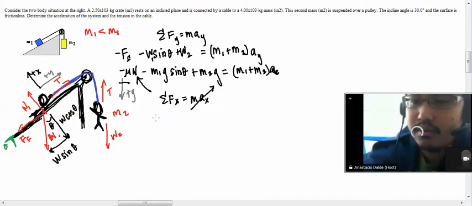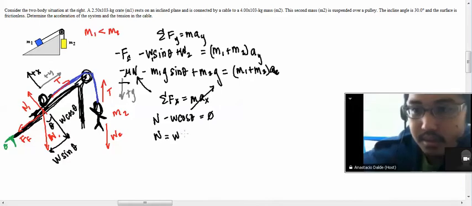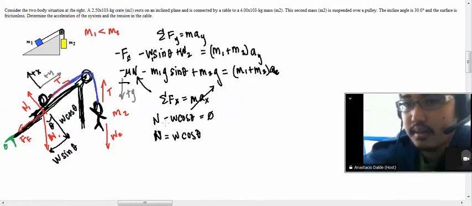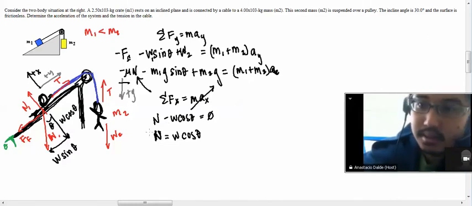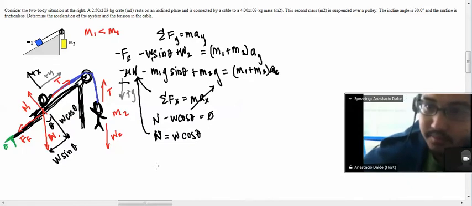Alright, so we've got the normal minus w cosine theta is equal to 0. So that's telling me the normal is really equal to w cosine theta. We go with that? Alright, so then you take this n, you plug it into here. That's it. We pretty much finished the problem.